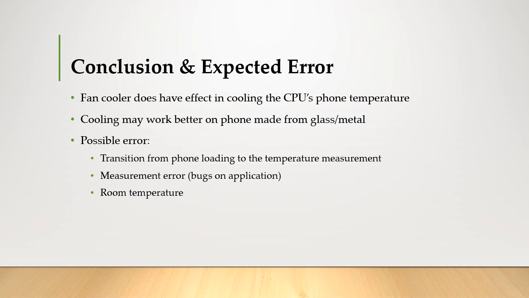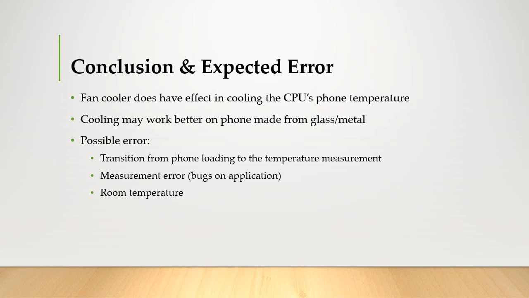Then the second is that the cooling may work better on a phone made from glass or metal. This is related to the heat transfer factor, which is the conduction factor, which is the thermal conductivity of the material.